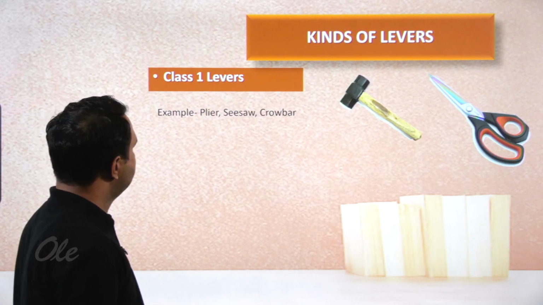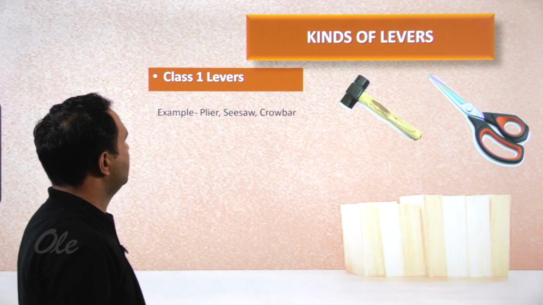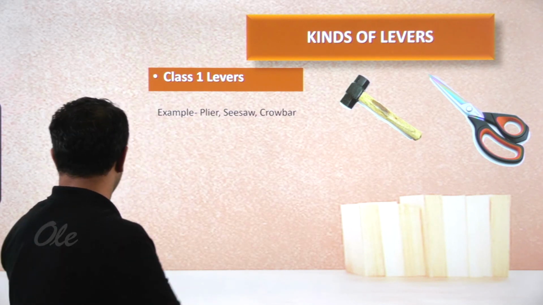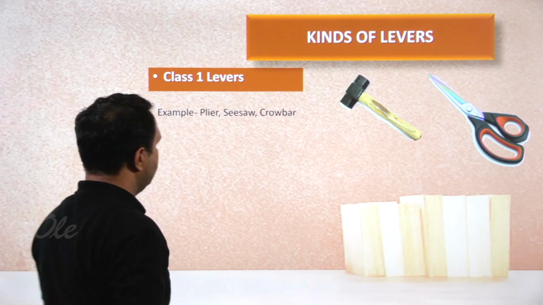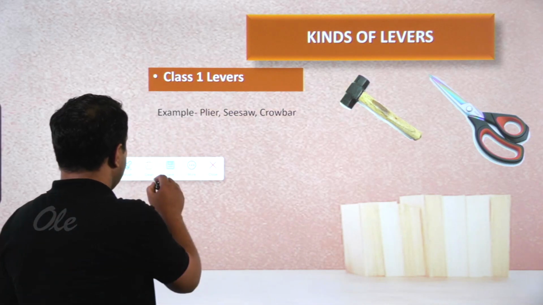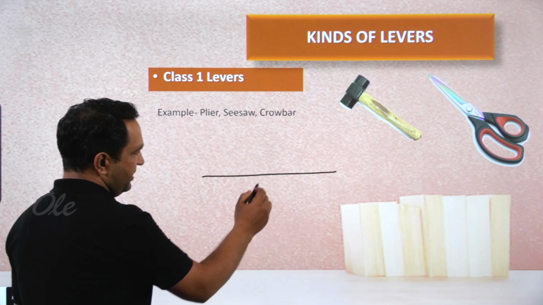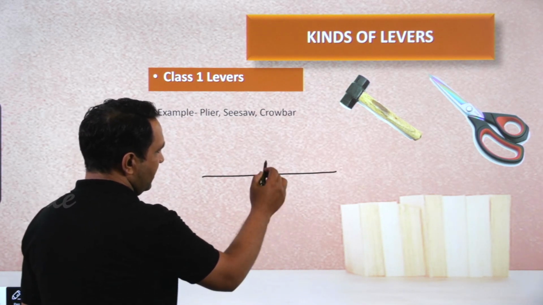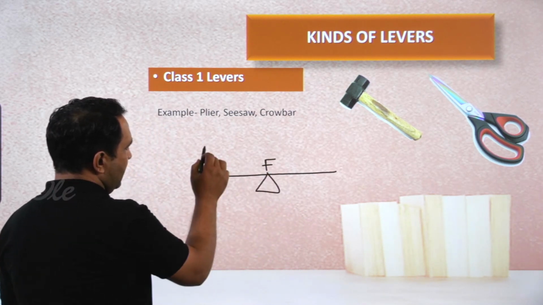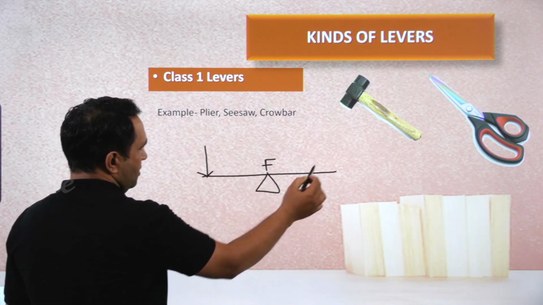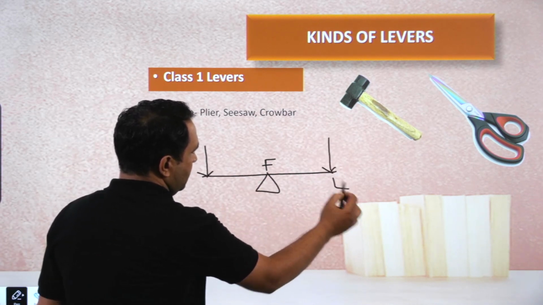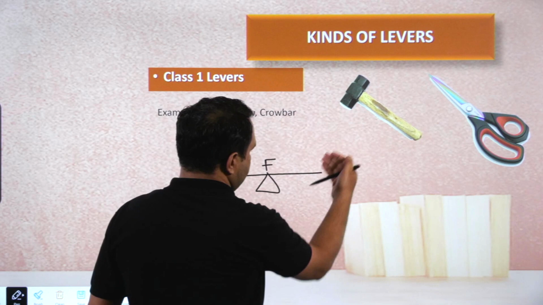So, kinds of levers. First of all, we are going to discuss class 1 levers. Let's see what class 1 levers are. Suppose that this is a bar and this is the fixed point known as the fulcrum.